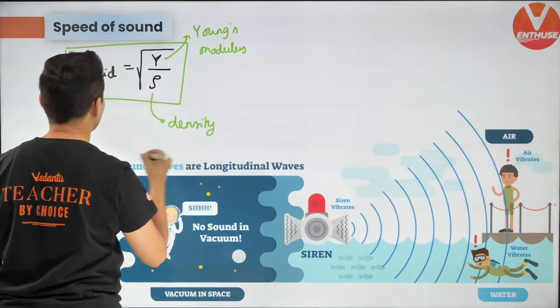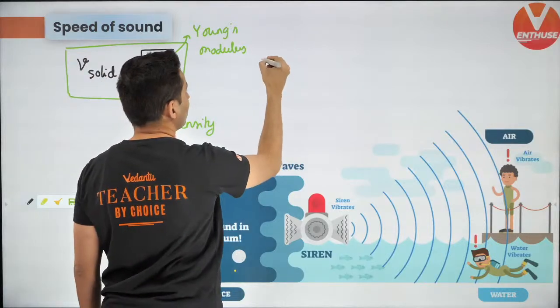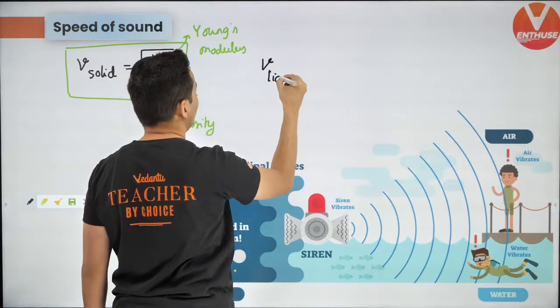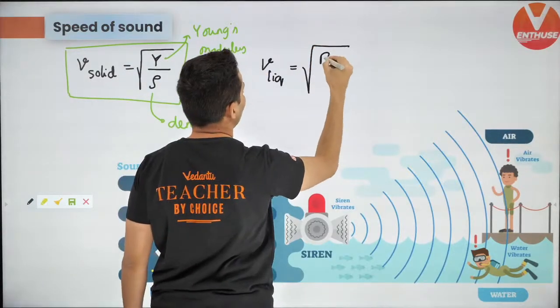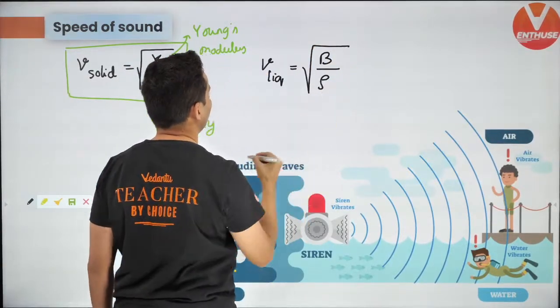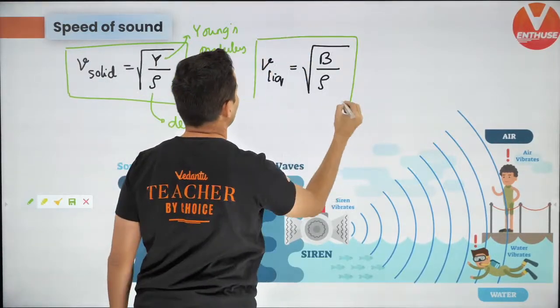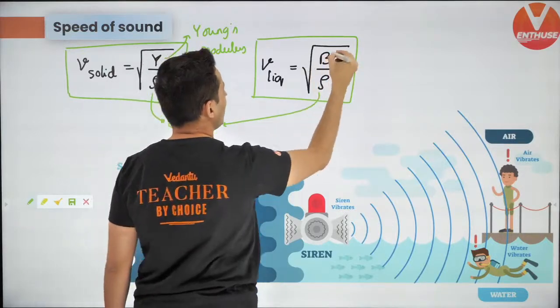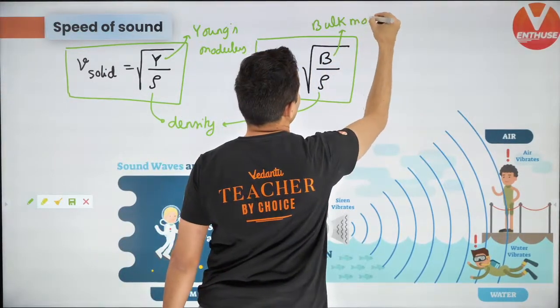Then the speed of sound in liquids is slightly different. Instead of Young's modulus, put bulk modulus divided by density. Same thing, but slightly different. So this is density again, and this B is obviously bulk modulus.